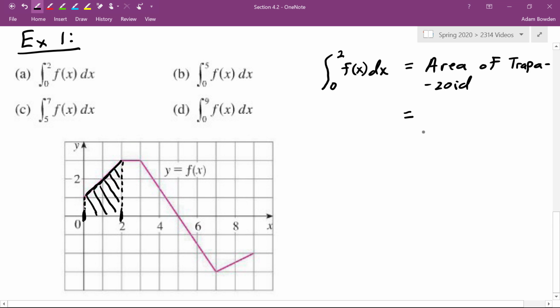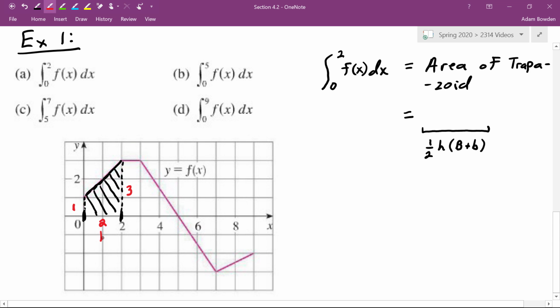Okay, the formula for the area of a trapezoid is 1/2 height, and then you add together the two bases, the big one and the small one, on the other two sides. So this side is 1, this side is 3, and this side is 2.